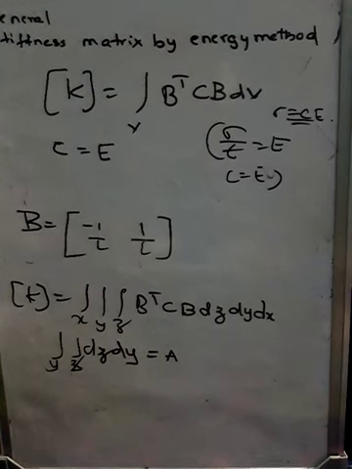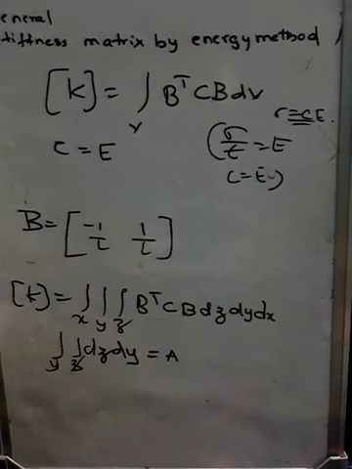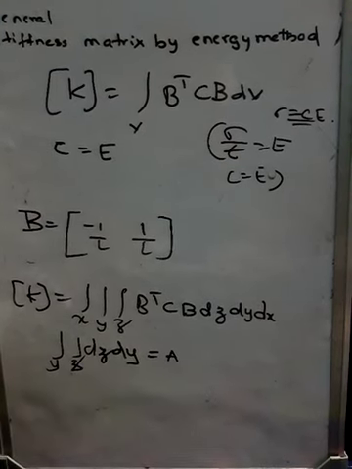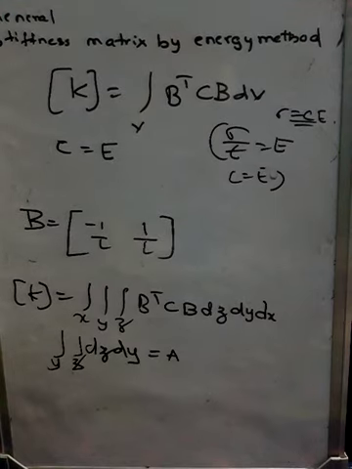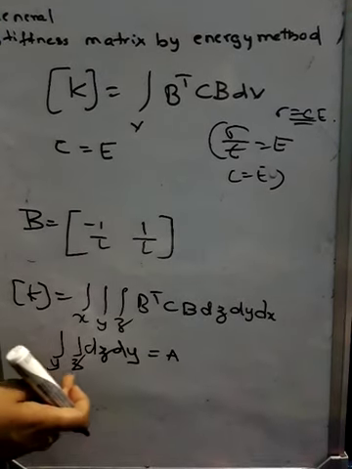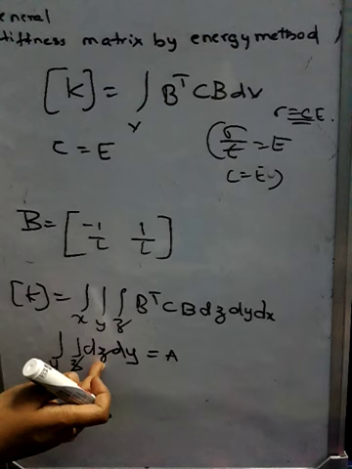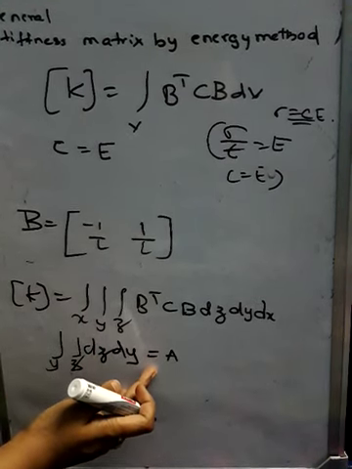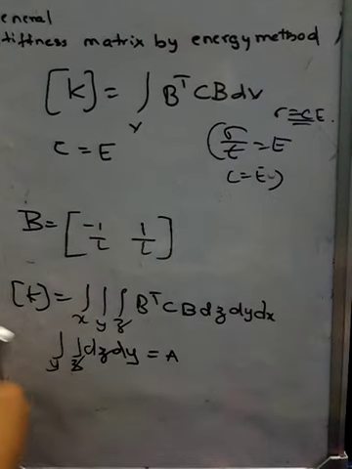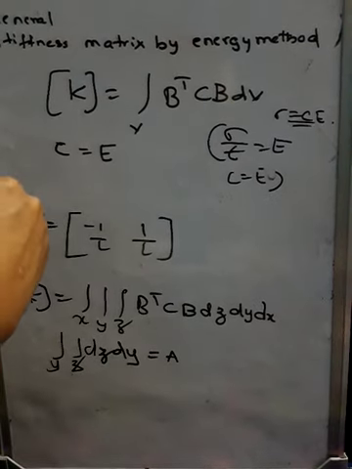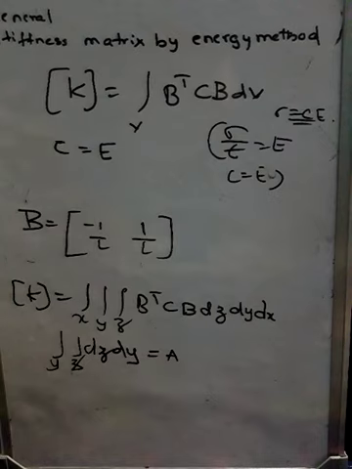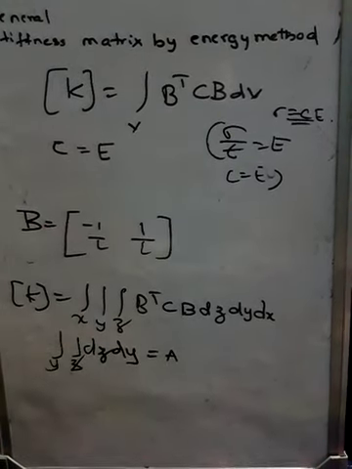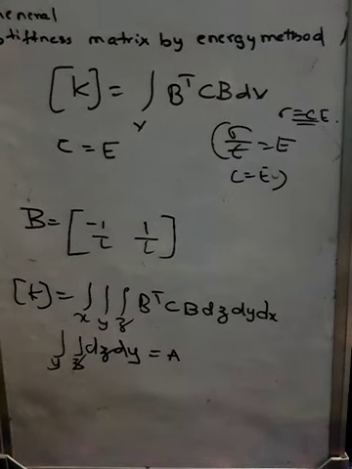That means along the length, the cross section area is constant. Only length is varying in this particular derivation. So integration of y, integration of z would be equal to the cross section area. Now we are going to substitute all the values in this particular equation so that we can solve it.